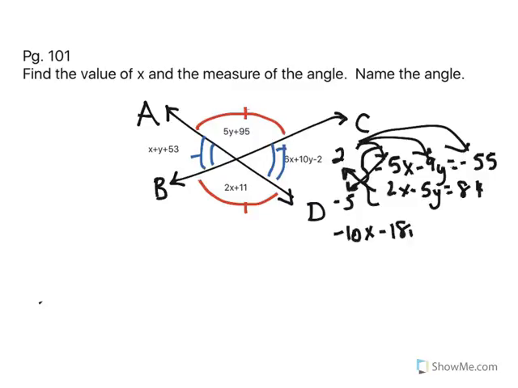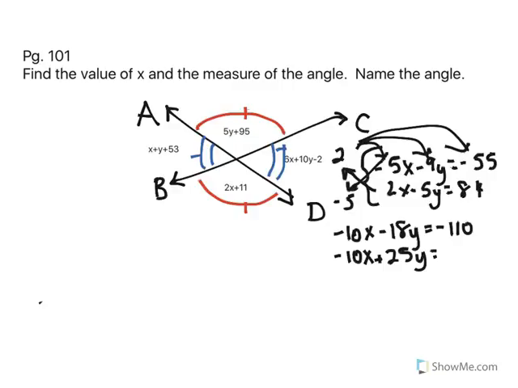We do our cross coefficient trick. You multiply through for every term in the brackets, and you will be left with 10x minus 25y equals negative 105.